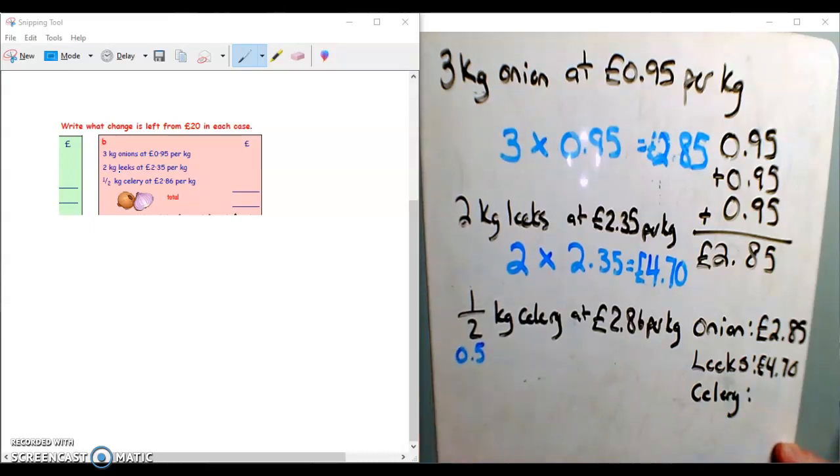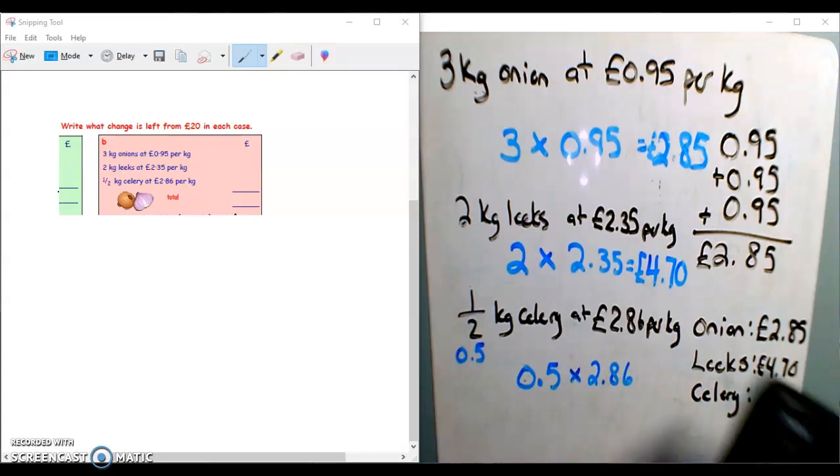So this is going to really help us. A half is the same as 0.5. So we're going to go 0.5 times £2.86.